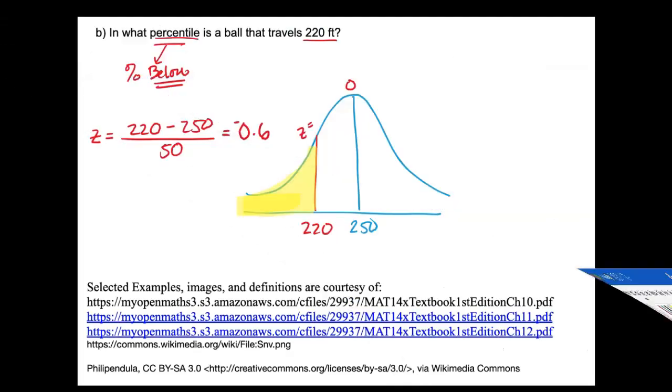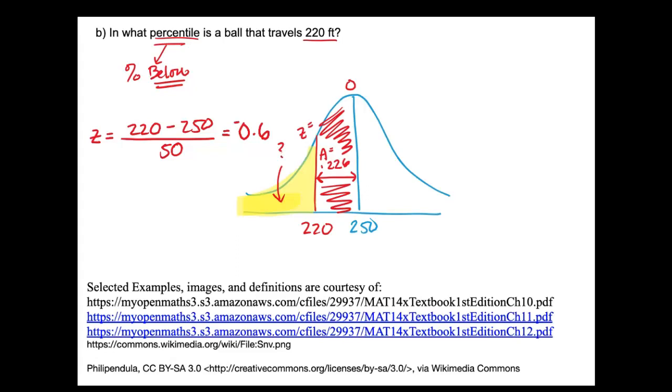So I'm going to come back to my problem and I'm going to label. Remember that the chart gives us areas between 0, the middle, and the z-score. So this area right here is 0.226. So all of this right here. I don't want that area though. That is not my answer. I want this shaded region on the left-hand side.